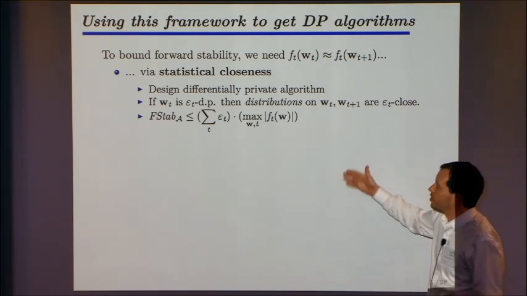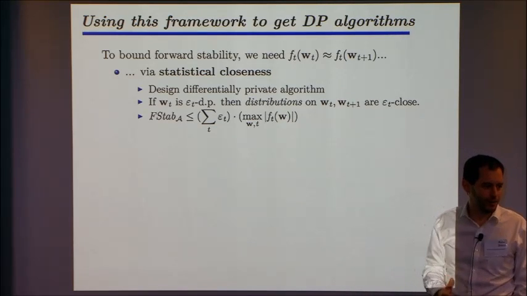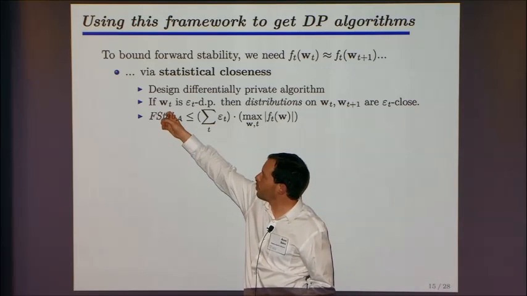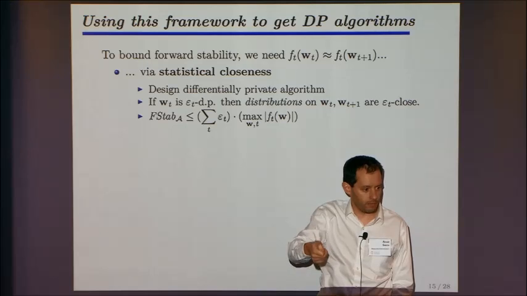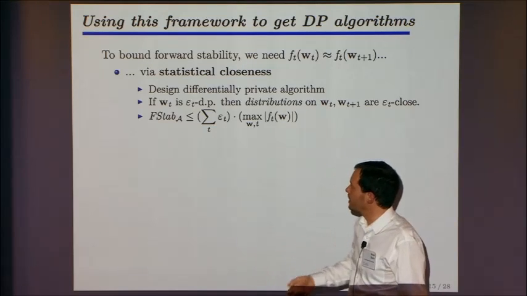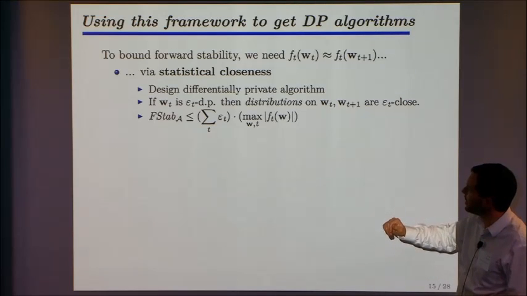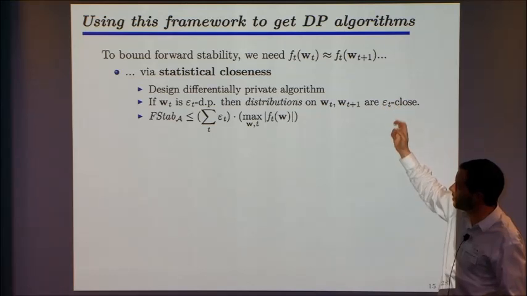So suppose I just go and design a differentially private algorithm, right? And then I hope it has good online regret. Well, what I know is if the algorithm that produces W_t, that produces each of my outputs, is itself epsilon_t differentially private, then the distributions on W_t and W_{t+1} are epsilon_t close.